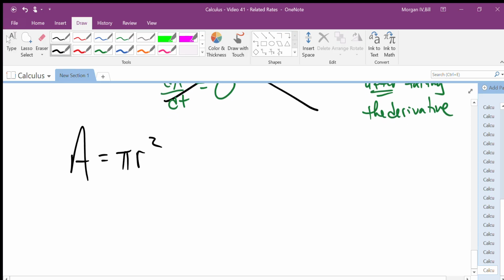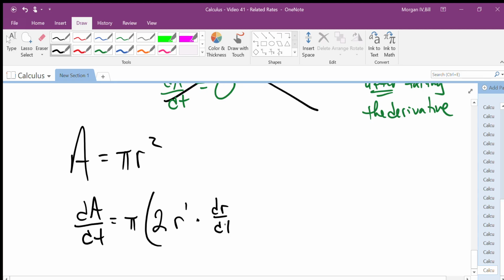So when we take the derivative of A, we get 1 times dA/dt, or just dA/dt. Pi is just a number, so it's going to hang out here, times the derivative of r squared: we bring the 2 down, r now to the first power, that's the power rule, times, since that's an r, not a t, times dr/dt, that is the chain rule.